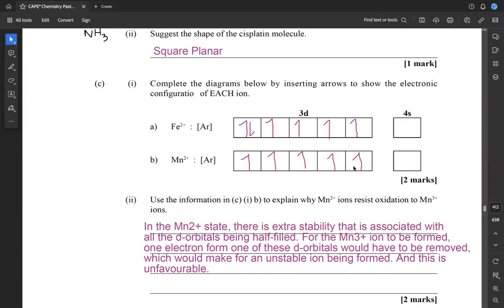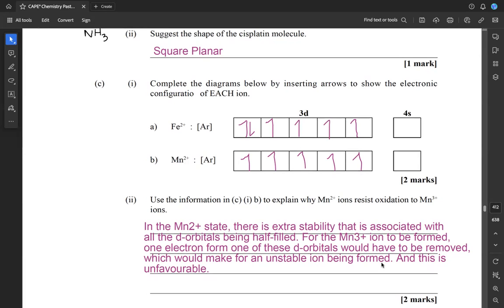That's what we're saying down here: in the Mn2+ state, there's extra stability associated with all the d orbitals being half filled, 1 electron in each. For Mn3+ to be formed, 1 electron from one of these d orbitals would have to be removed, which would make for an unstable ion, and this is unfavorable.